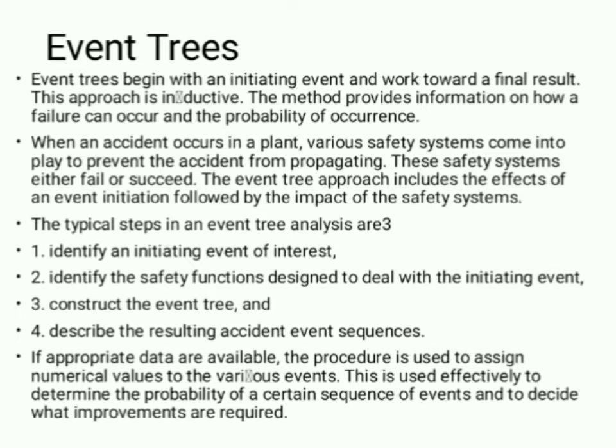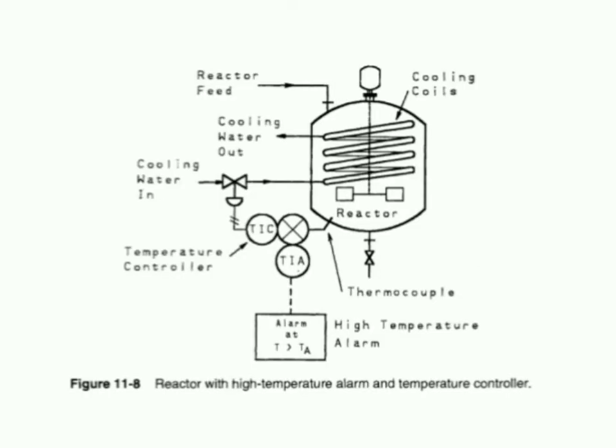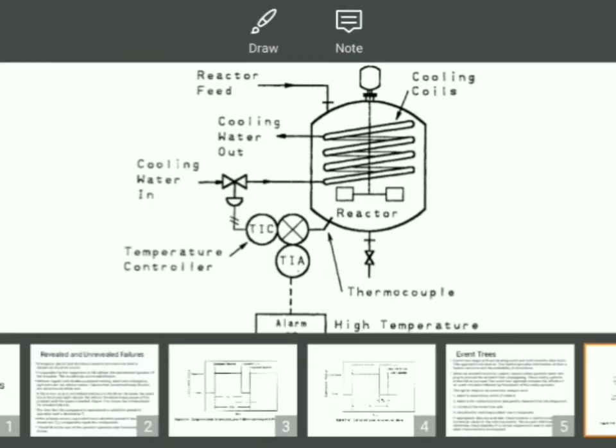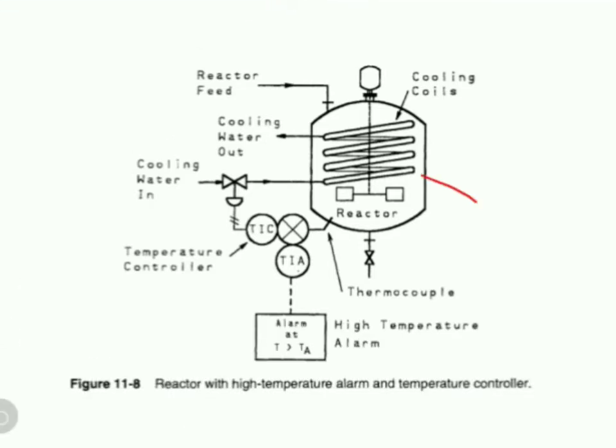Now this is used to find out the sequences and what decisions we have to take after the initiating event takes place. Now see the example. This is the reactor. A coil is installed in it, and the coolant is continuously flowing through it.